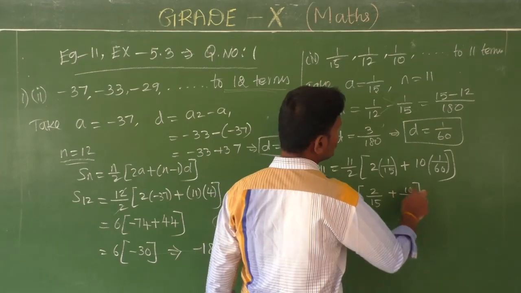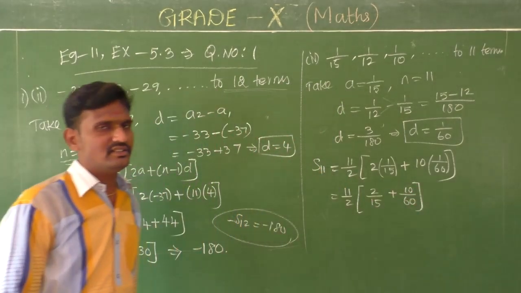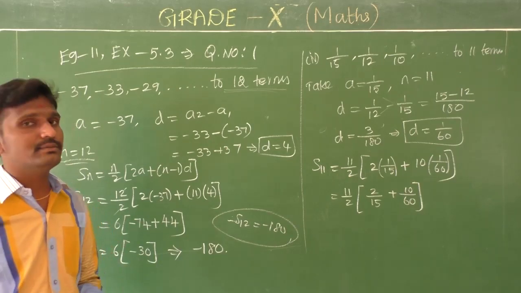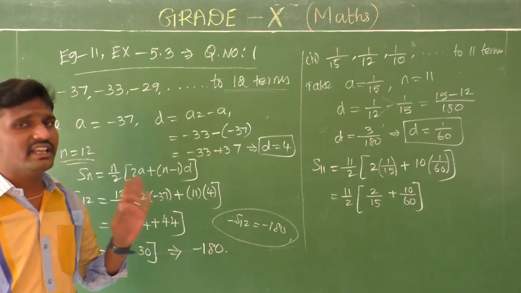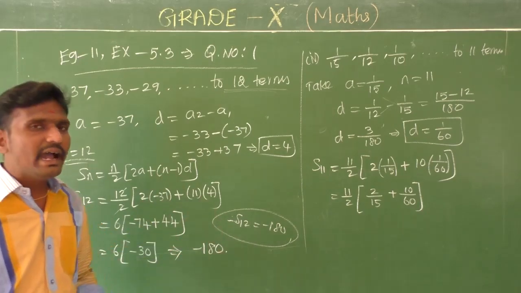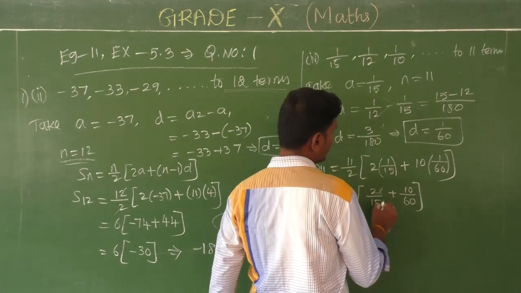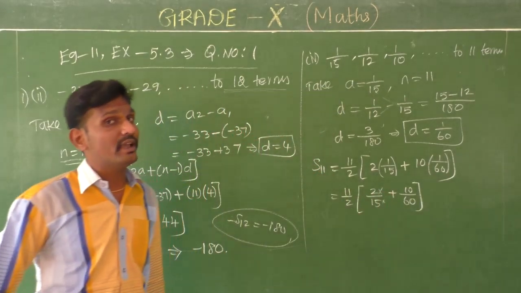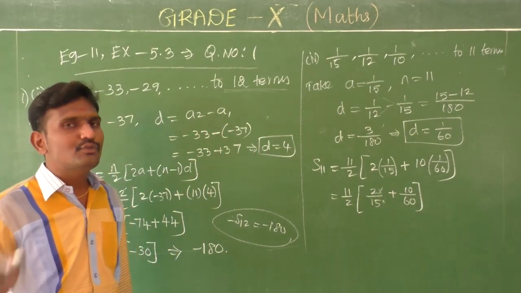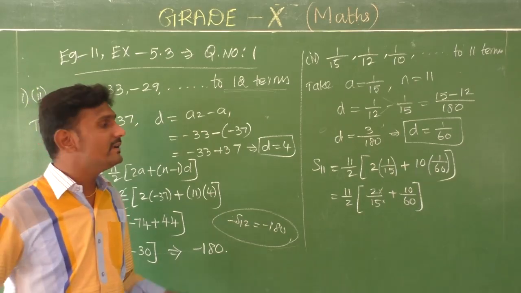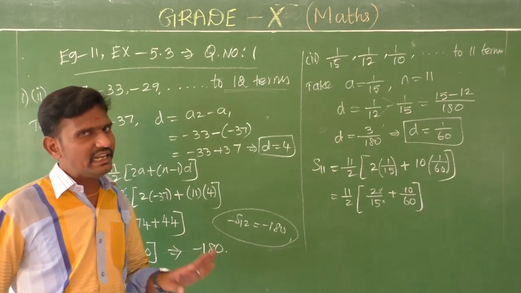Don't simplify this 10 by 60, because you are now going to take an LCM. Or otherwise you can simplify and take the cross multiplication, that is your wish. But it is very simple to find. See, the first fraction is 2 by 15. At what number should we multiply to get the denominator 60?